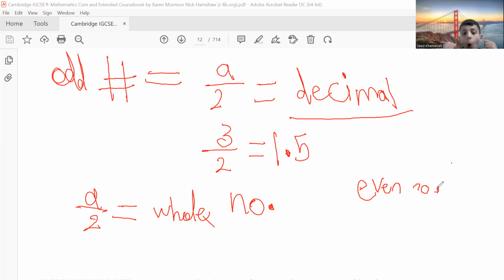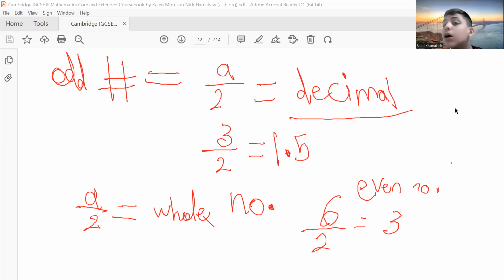But when I divide a whole number by 2, let me give an example in only 1 minute. So here now, when I divide 6 by 2, what do you say the whole number is, or an integer?